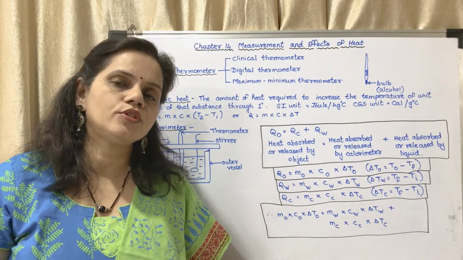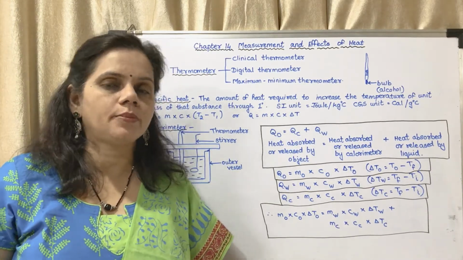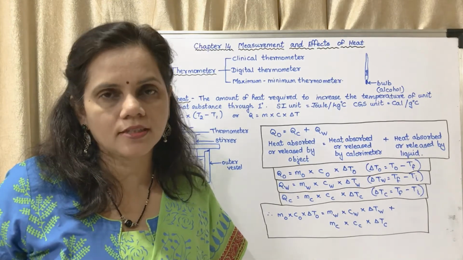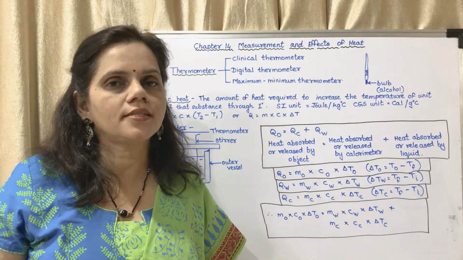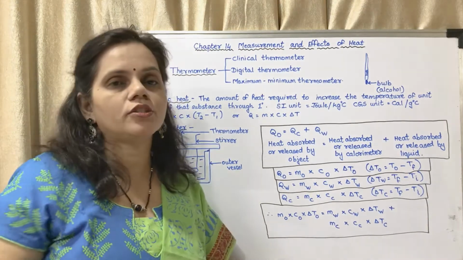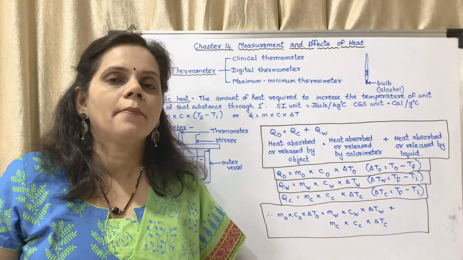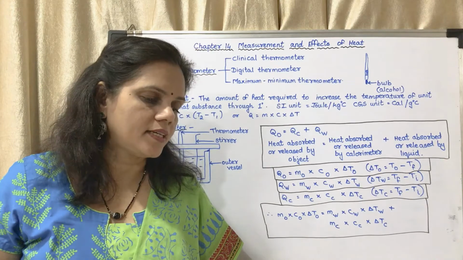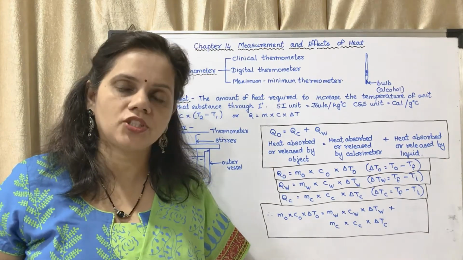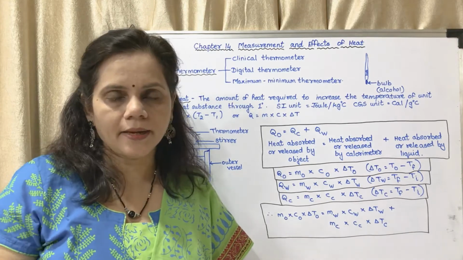It is used to measure the temperatures of different liquids and for experiments done in the laboratories. They are comparatively longer and bigger, and their range is different, but the working is the same as the clinical thermometer. But in the maximum minimum thermometer, the working is slightly different, and it is used to measure the maximum and minimum temperatures in a day.